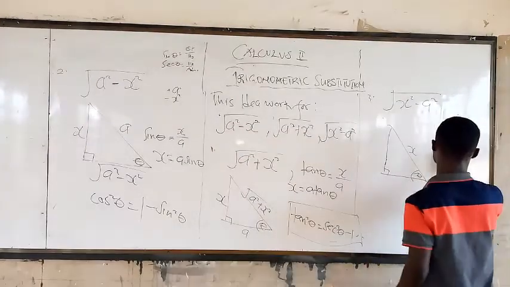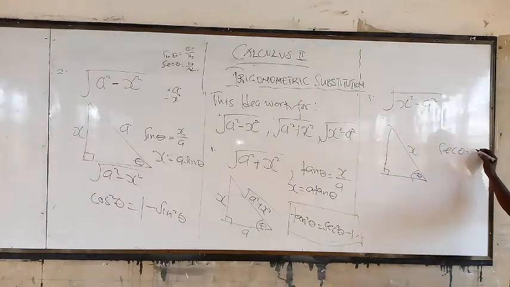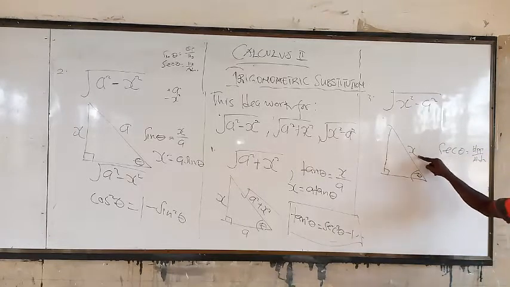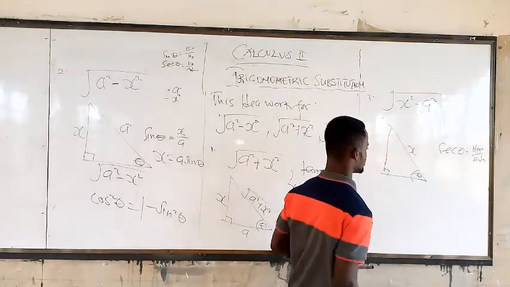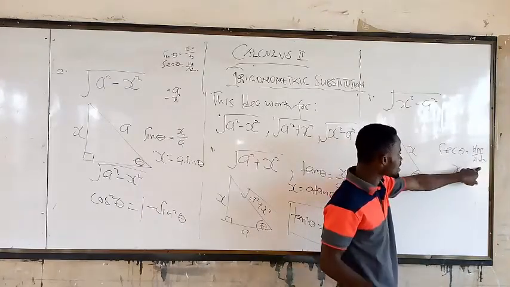Straight away, sec theta is the hypotenuse over the what? The adjacent. And the hypotenuse is the x. So this is correct. So you can see that the hypotenuse will give you x, and the adjacent should give you what?